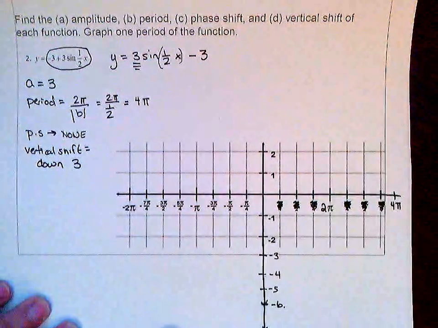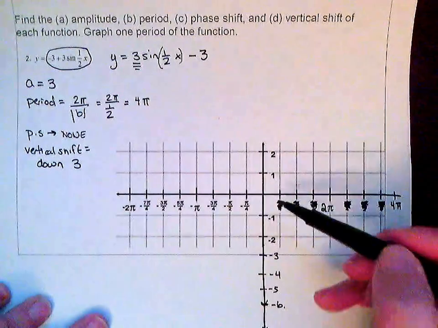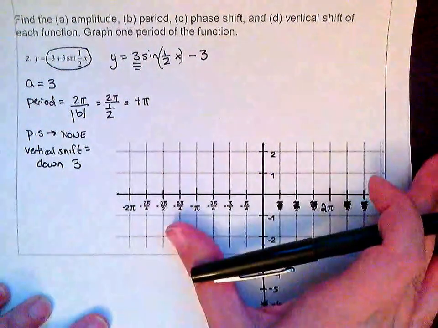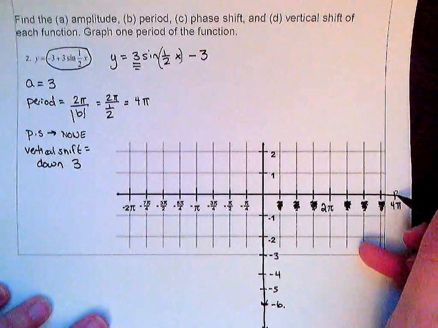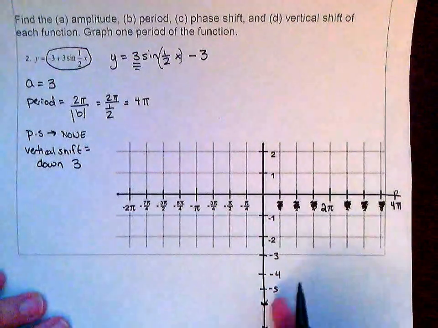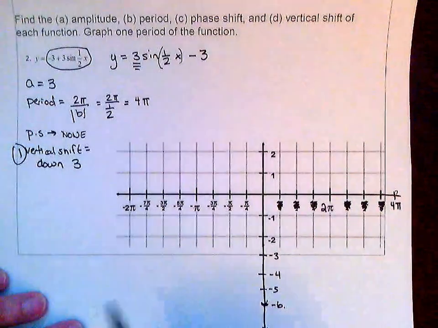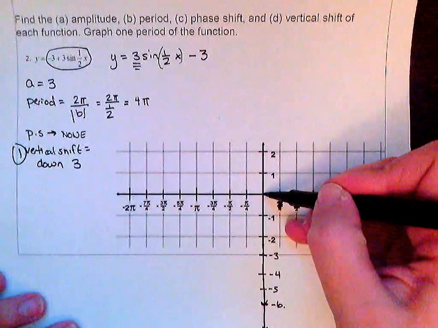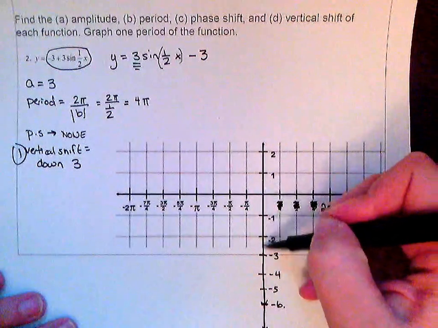Alright, I'll explain why I did that. But basically, because the period is 4 pi, that means this function is going to be stretched out so that the end of it is at 4 pi. All right, so like I said before, the first thing you want to do is identify the vertical shift. So originally sine functions start at 0, so vertically they're going to shift down 3, so 1, 2, 3.